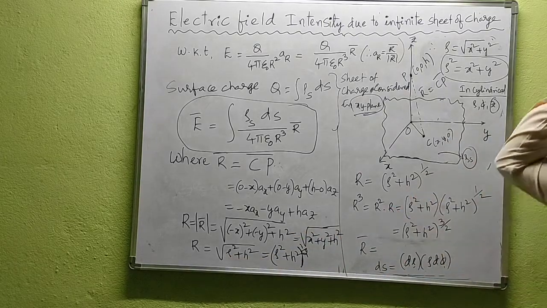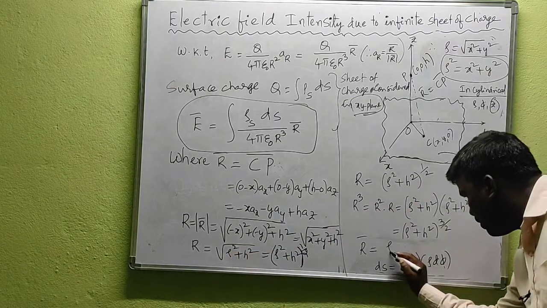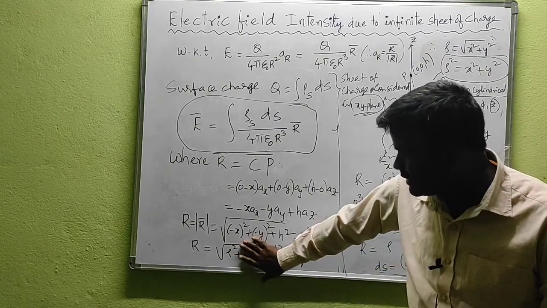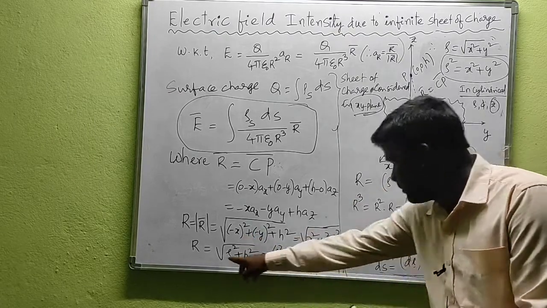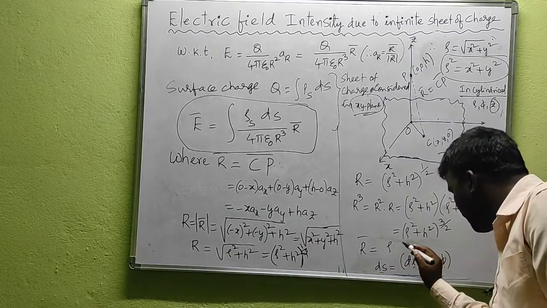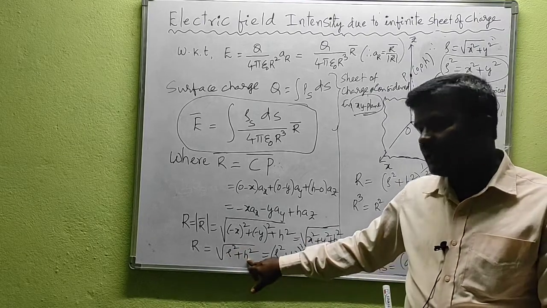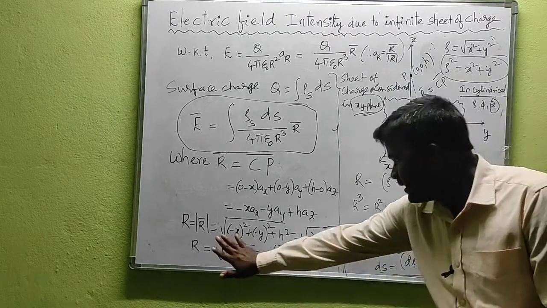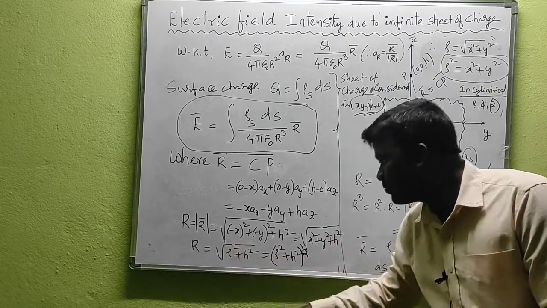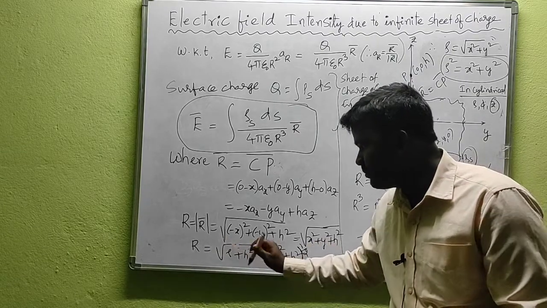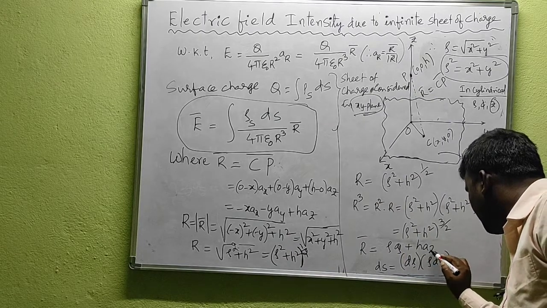There is no component along phi. The component along rho is under root rho square, that is rho, into a rho. The component along z is under root h square, that is h, into a z.